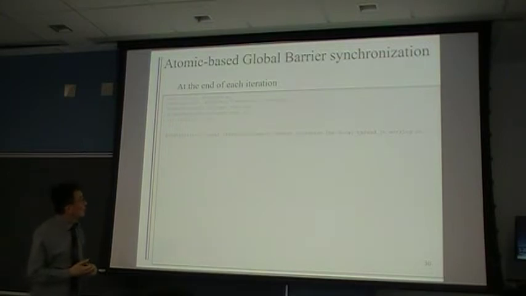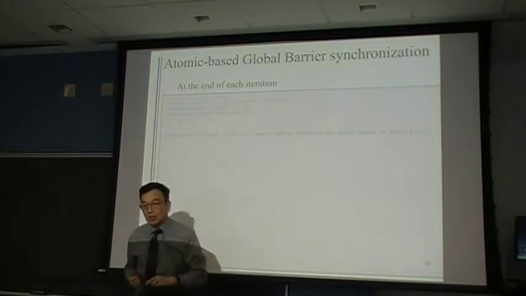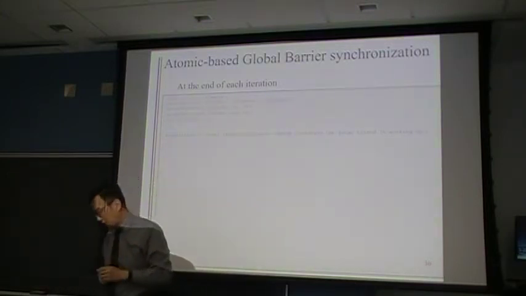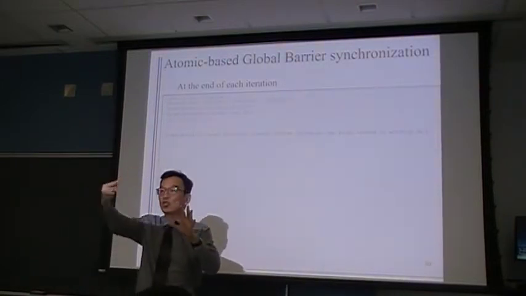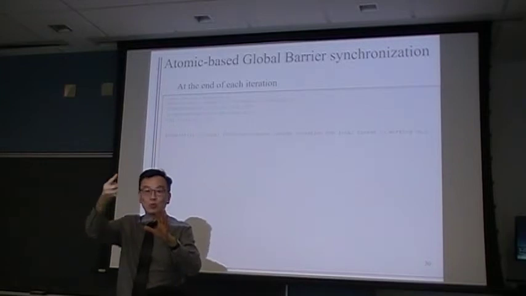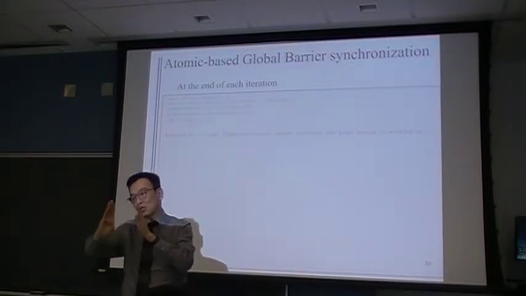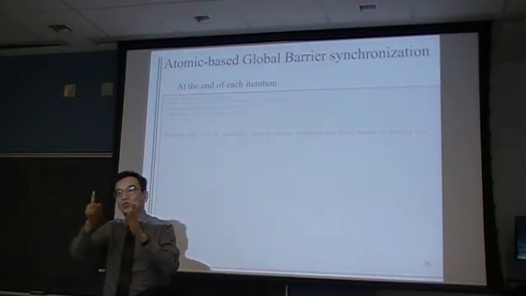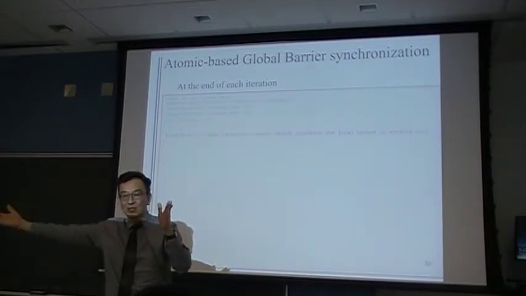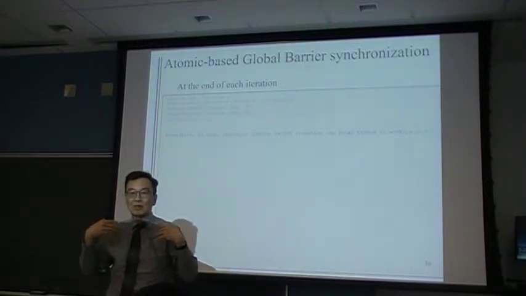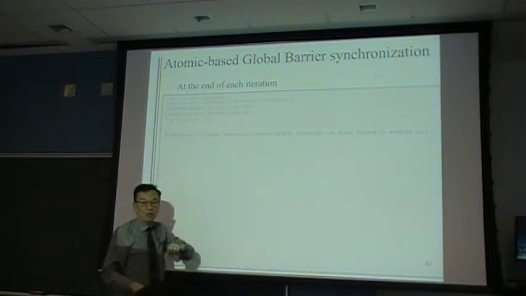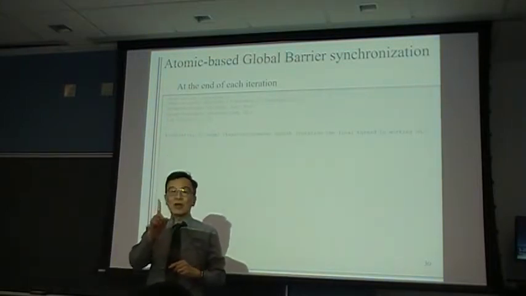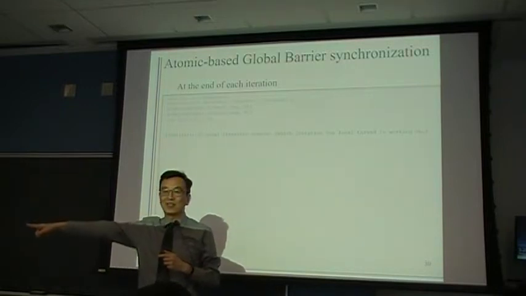So this piece of code is at the bottom of the previous slide. After a thread finishes with the for loop, that is, it has finished all the duties on the current frontier, the thread says, I'm done here. So the thread will increment the local frontier variable by 1, and say, I'm ready for the next frontier now.